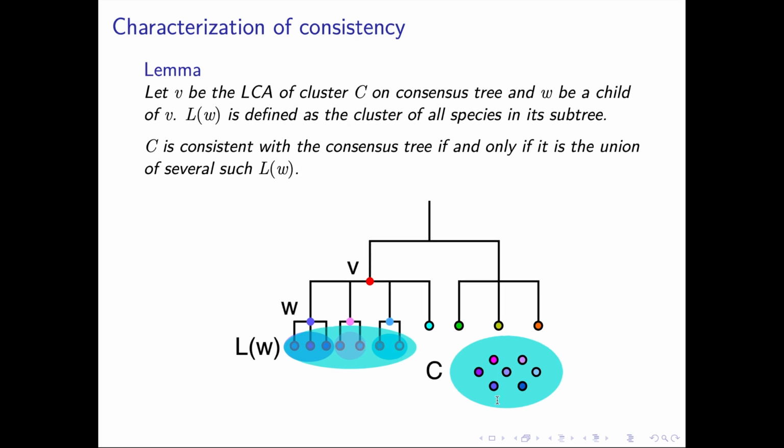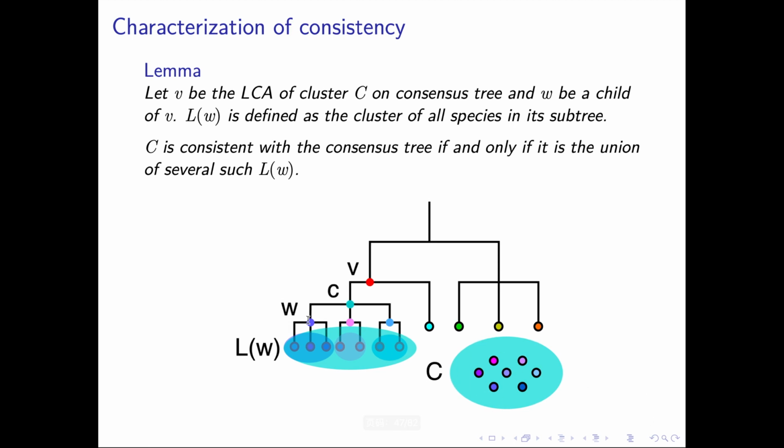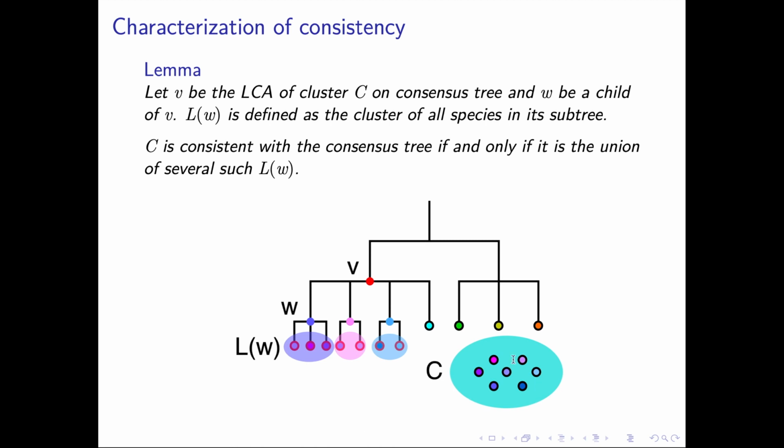This is a sufficient condition because we can insert our new node corresponding to the cluster C to be the parent of these Ws, whose clusters are subsets of C. This condition is also necessary because by the property of LCA, C must be a subset of LV, because V is the LCA of all the leaves in C. If C is not the union of several such LWs, then there must be a W whose LW intersects with C but is not contained in C. Then C conflicts with this LW.